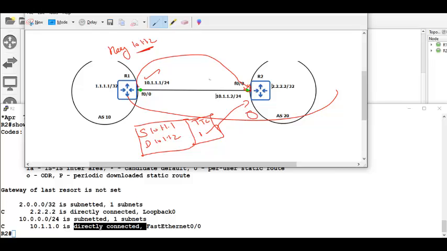But for IBGP, you don't have that limitation. IBGP can be any remote neighbor. You saw that, right? Within an organization, IBGP can be any router. It need not be directly connected. But why does eBGP need to be directly connected? Security. You can see and confirm in the routing table that it is directly connected.